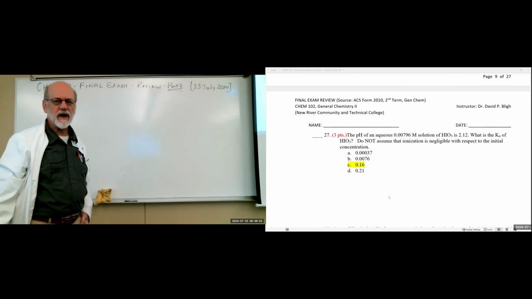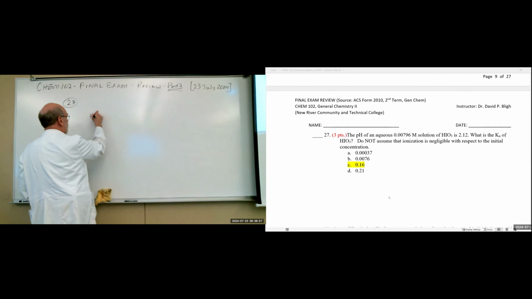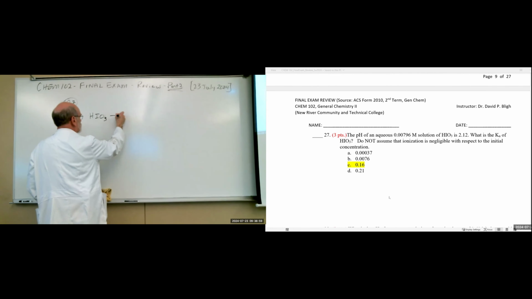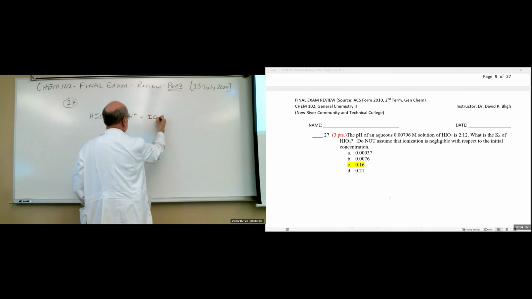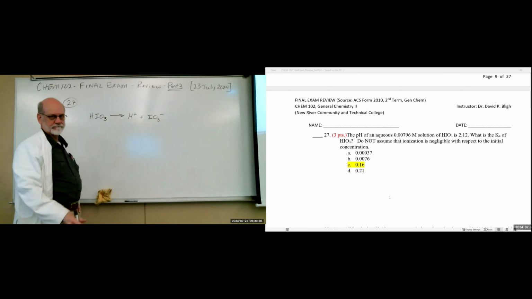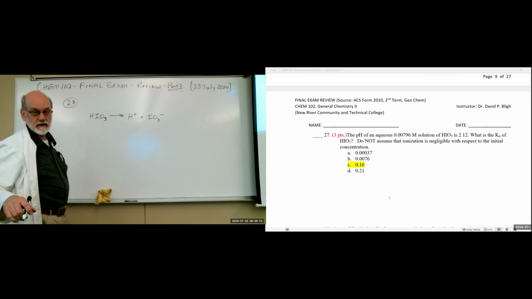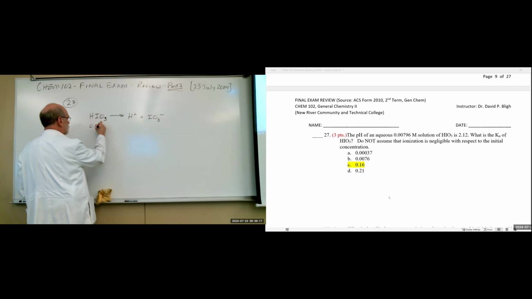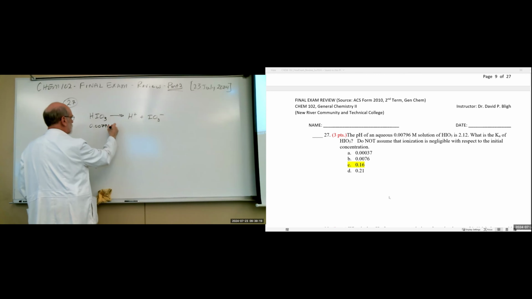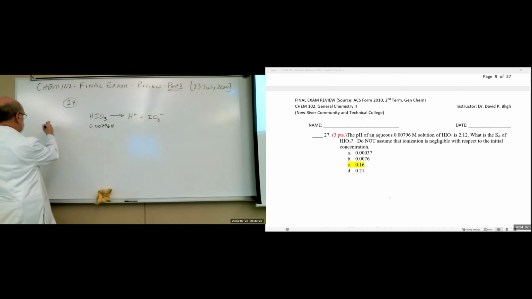Okay, so what do we know? We know the concentration of HIO3. In aqueous solution, it's going to produce H+ and IO3-, right? And we know the concentration of HIO3 is 0.00796 molar, and we know the pH is 2.12.